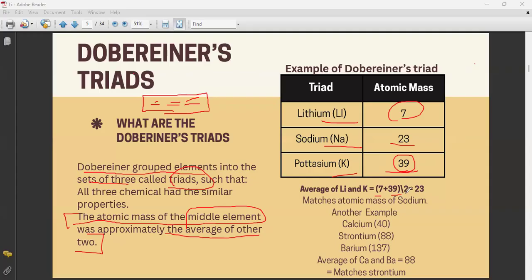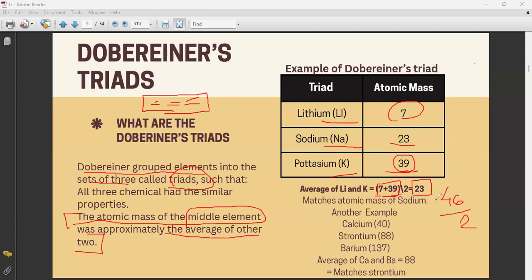7 plus 39 will be 46. The formula for the average is the sum of the observations upon the number of observations. So 7 plus 39 gives 46, divided by 2, because there were only two numbers, so the number of observations was 2.